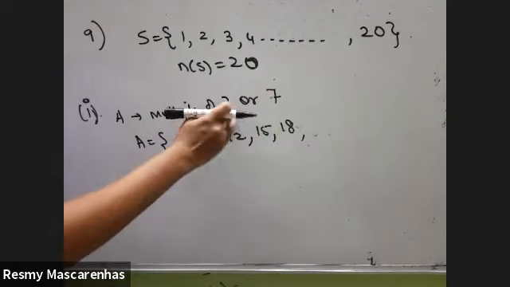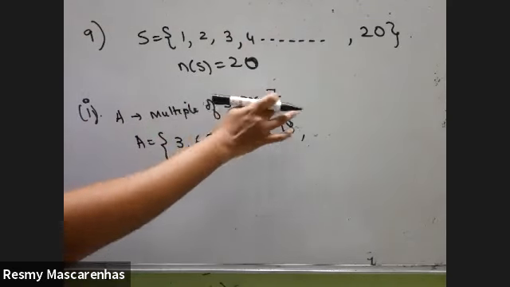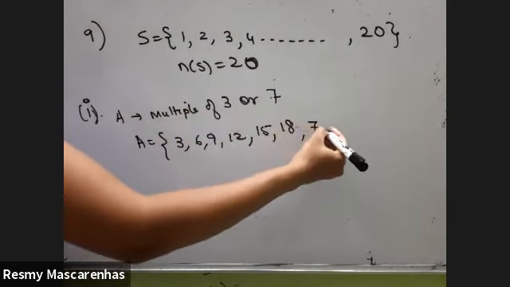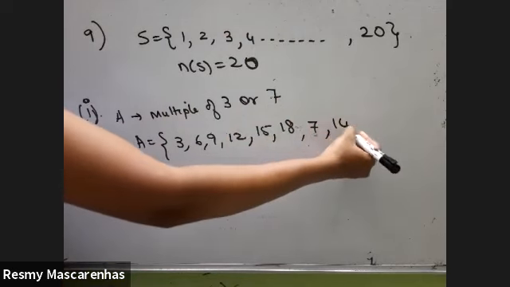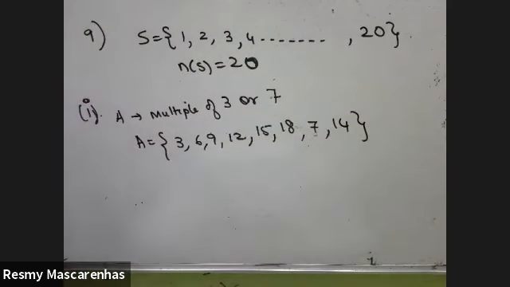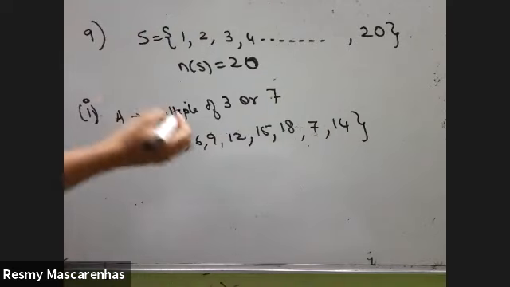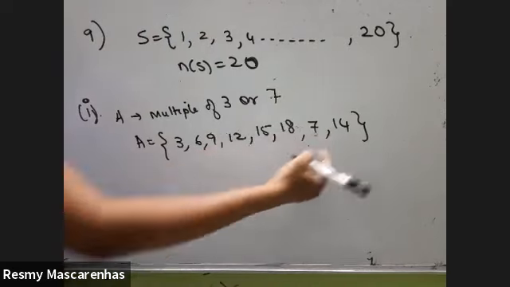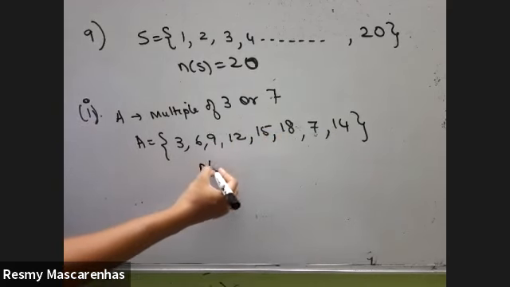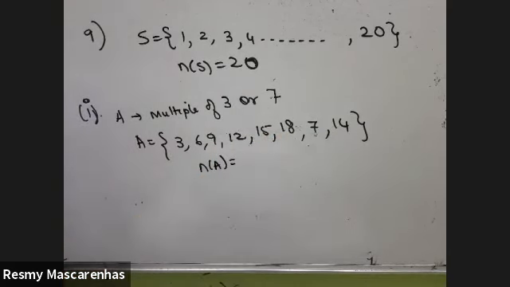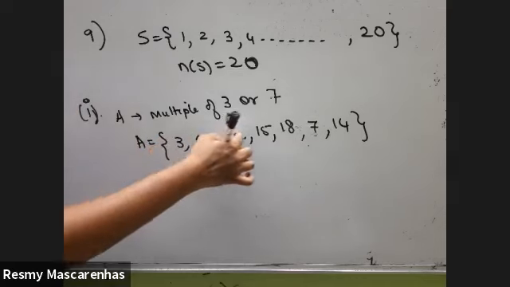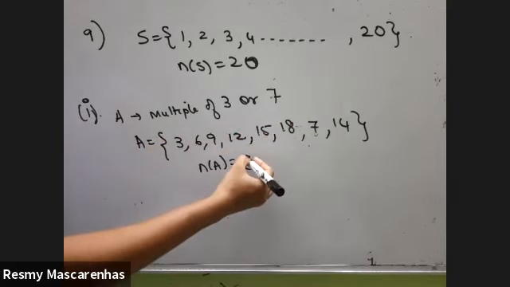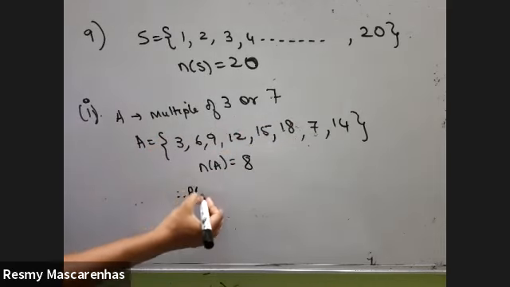Also you can pick up 7, 14, done. So these are multiples of 3, these are the multiples of 7. 1, 2, 3, 4, 5, 6, 7, 8. The answer is 8 out of 20.